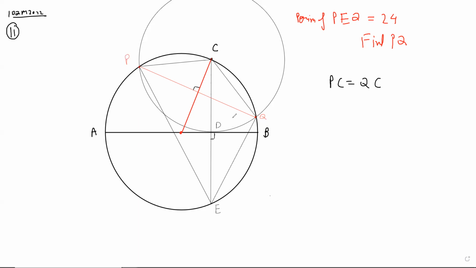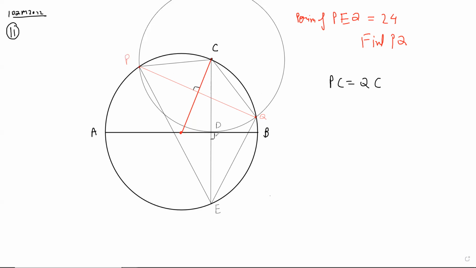If you know PQ, then there's a connection, and those two are equal, and also this CE is related. That also can be easily found, and that's one diagonal, and this is the other diagonal. So what is Ptolemy's theorem?